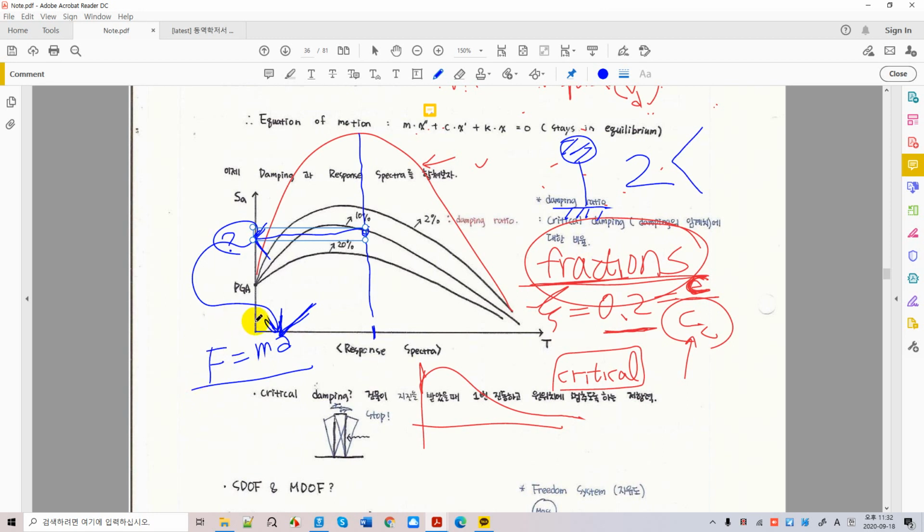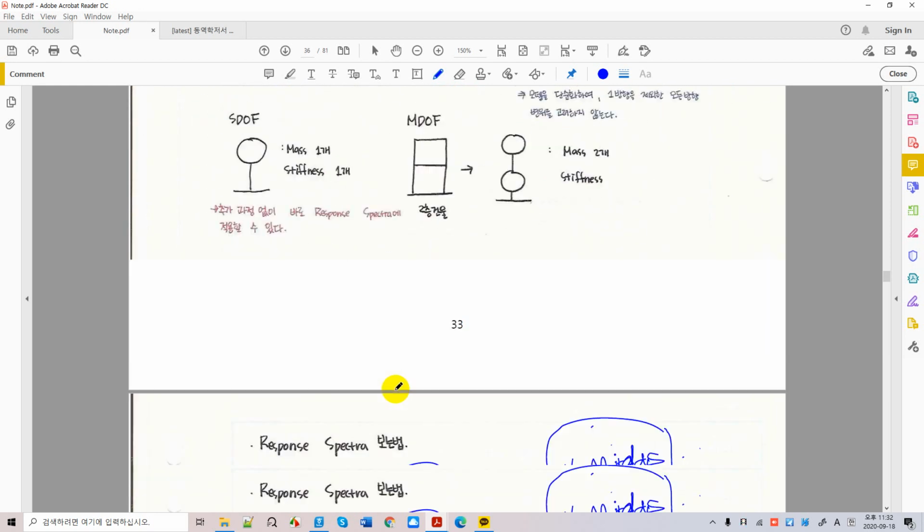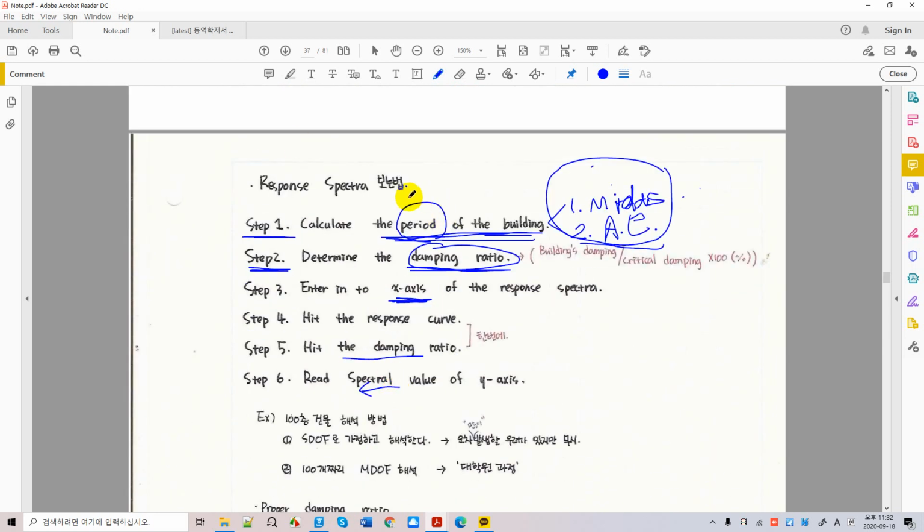Easy, isn't it? This is probably the summary of today's lecture, after all. Let me repeat the last emphasis one more time before we finish this clip. We calculate the period using one of these two ways, using Midas or using approximate equations.